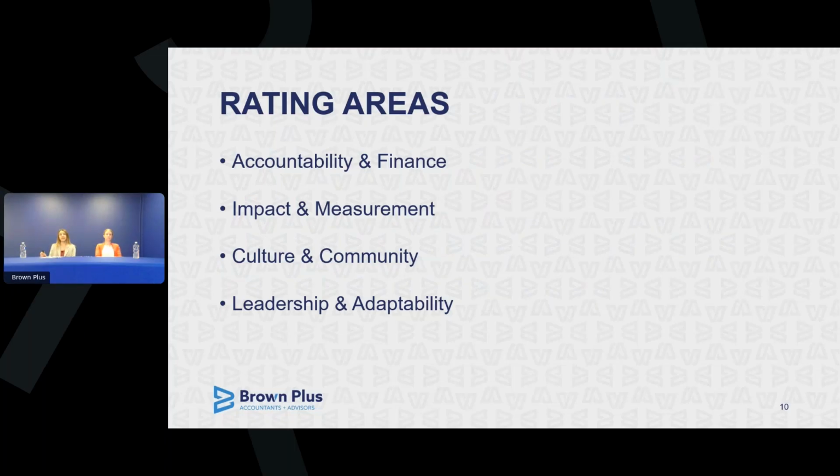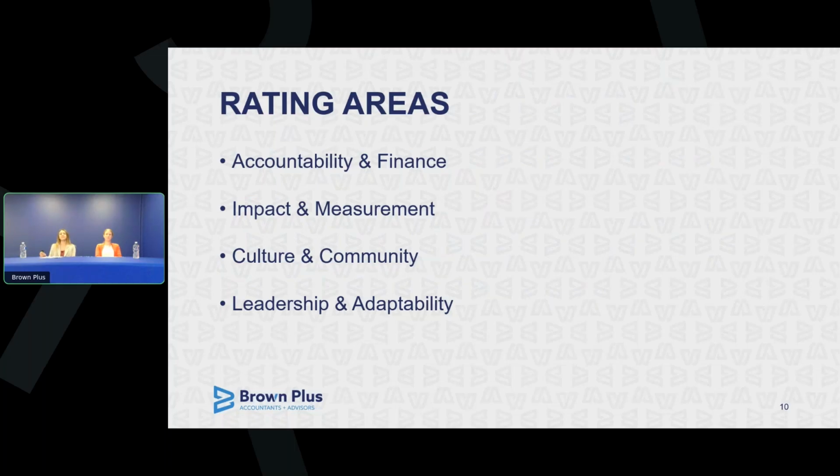There are 4 rating areas that they'll look at. The first one is accountability and finance, and that's the one that we'll spend most of the time today talking about. In this area, Charity Navigator is scoring your organization on these items, whether you ask them to or not.